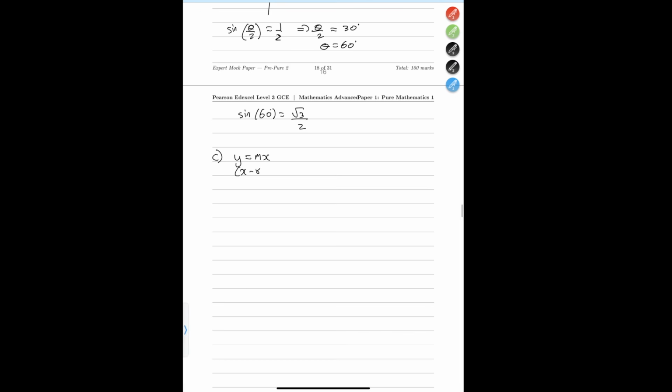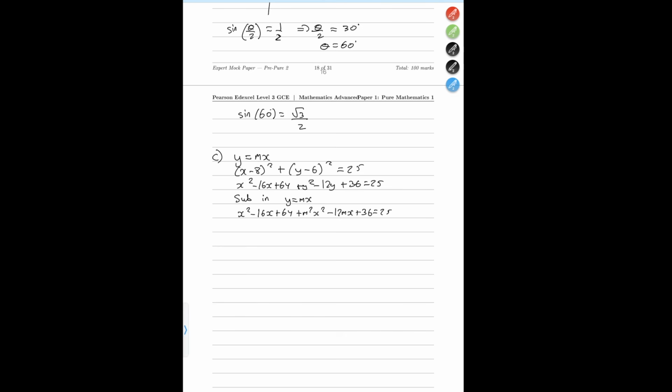So x minus 8 whole squared plus y minus 6 whole squared is equal to 25. So x squared minus 16x plus 64 plus y squared minus 12y plus 36 is equal to 25. I'm going to sub in y equals mx. So you get x squared minus 16x plus 64 plus m squared x squared minus 12mx plus 36 equals 25.